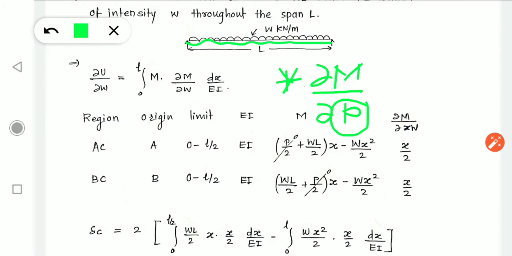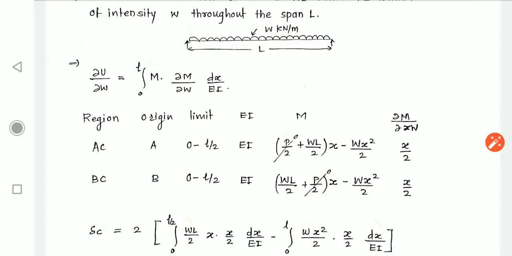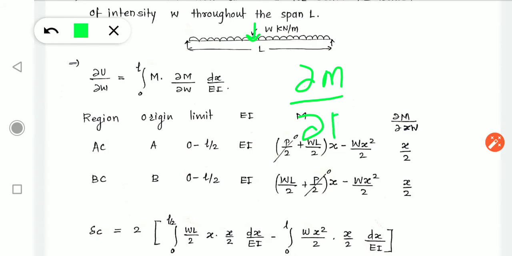Or you may say, madam, there is a W load or UDL present on it, but how can we differentiate with this W load? We need a concentrated load to differentiate partial M with respect to P. And where must that load be present? That load must be present where we are calculating the deflection. Your W load is a uniformly distributed load, which is on the complete span.